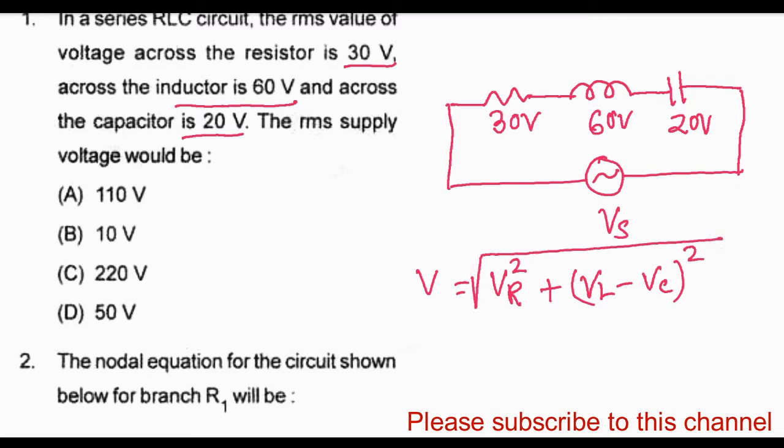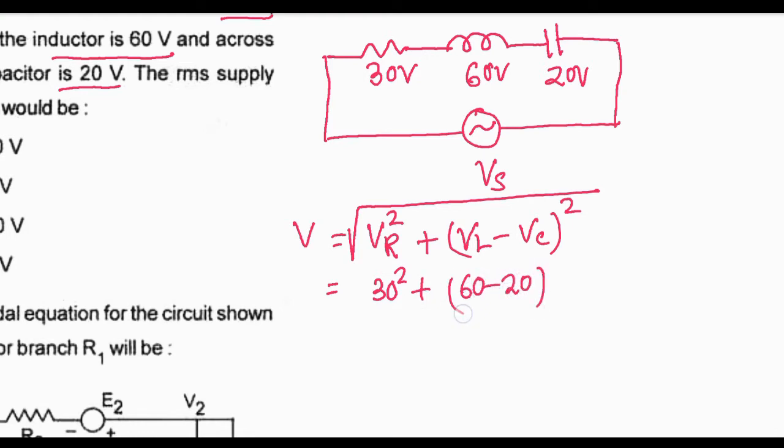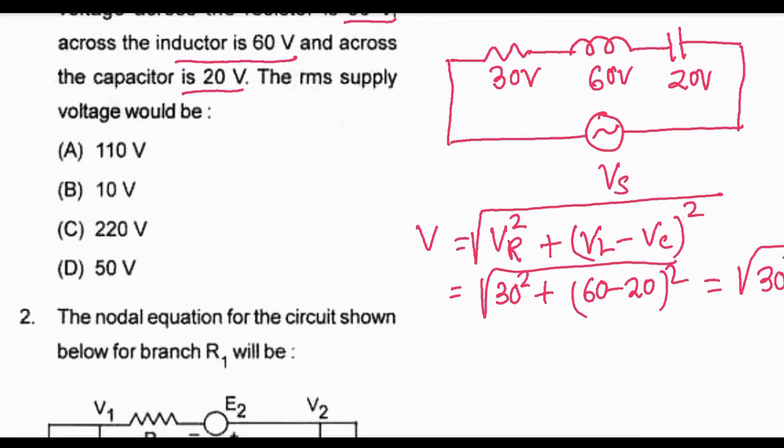This will be the square root of 30 square plus 60 minus 20 whole square, which is 30 square plus 40 square, that means 50. So the answer will be 50 volt RMS value. So this is the answer.